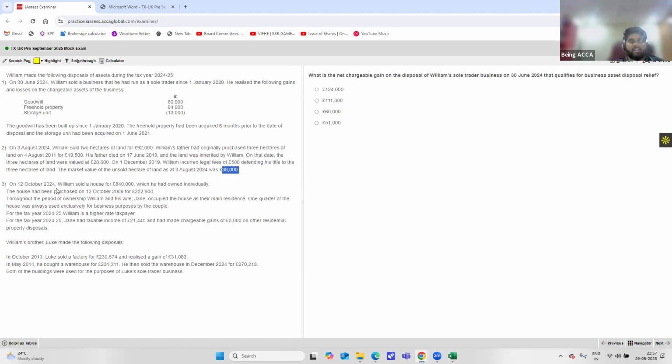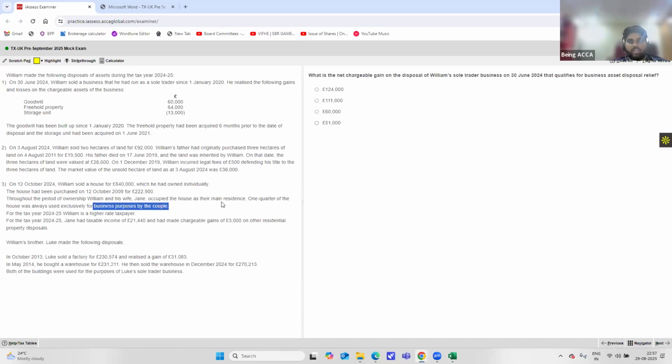Next, on 12th October 2024, Williams sold a house for 840,000, which he had owned individually. The house had been purchased on 12th December 2009 for 22,900. They occupied the house as a main residence. 1/4 of the house was always used exclusively for business purposes by the couple.